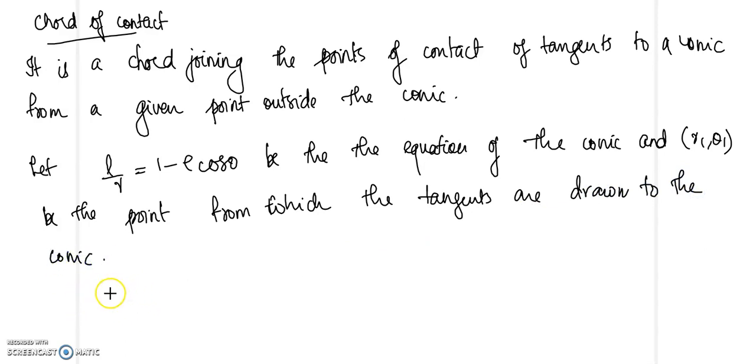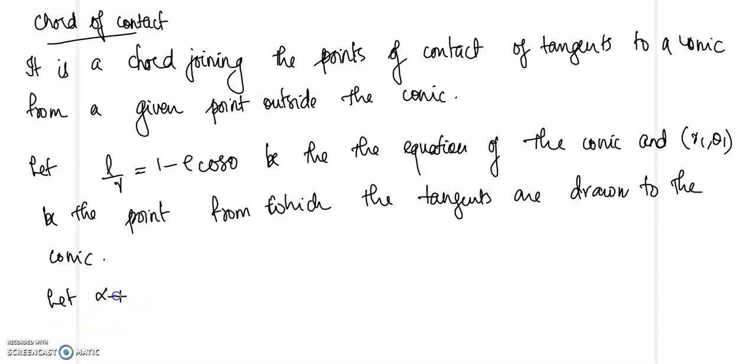And let us take the vectorial angles to be alpha minus beta and alpha plus beta. We have seen the equation of the chord joining the points when the vectorial angles are of the form alpha minus beta and alpha plus beta, so we will use that equation to represent the chord.